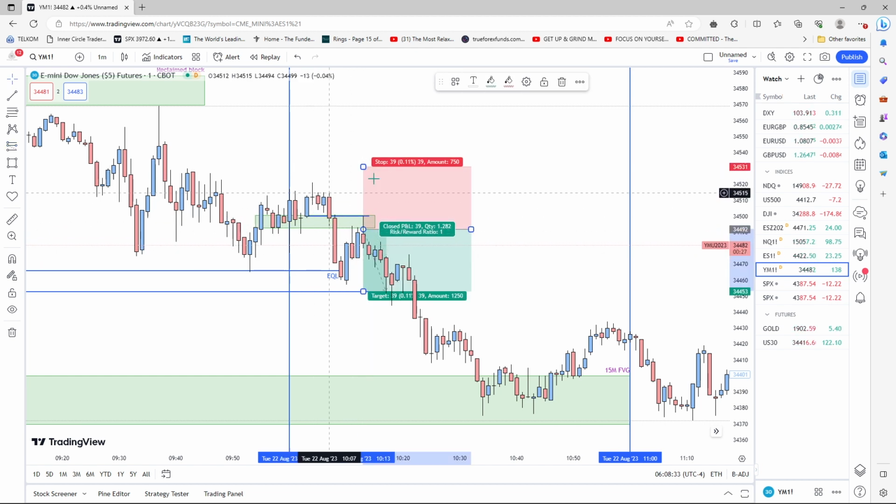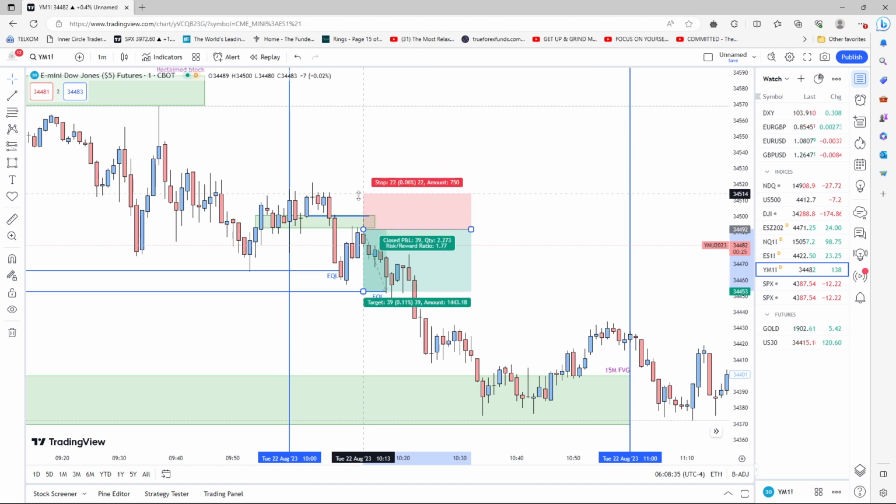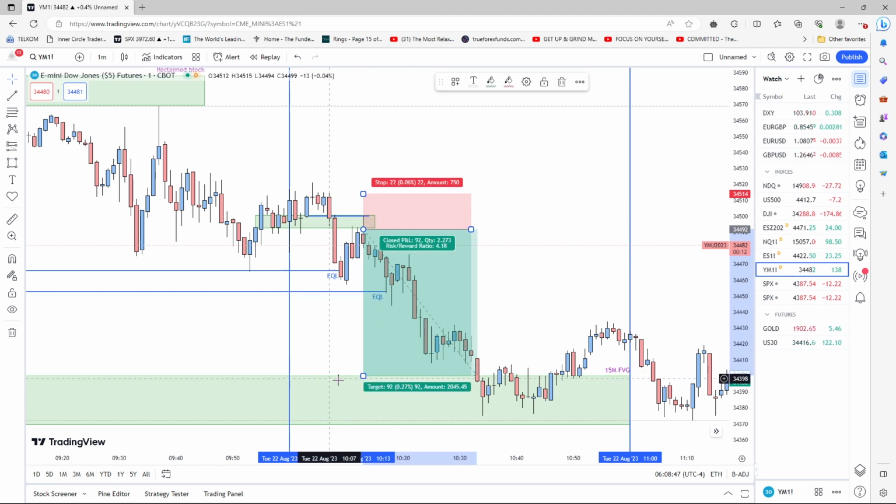Stop loss. My stop would be above the order block. You get several order blocks in here. You can decide where you want to put the stop, above which one. That's up to you. And then ultimately you would be targeting this low.